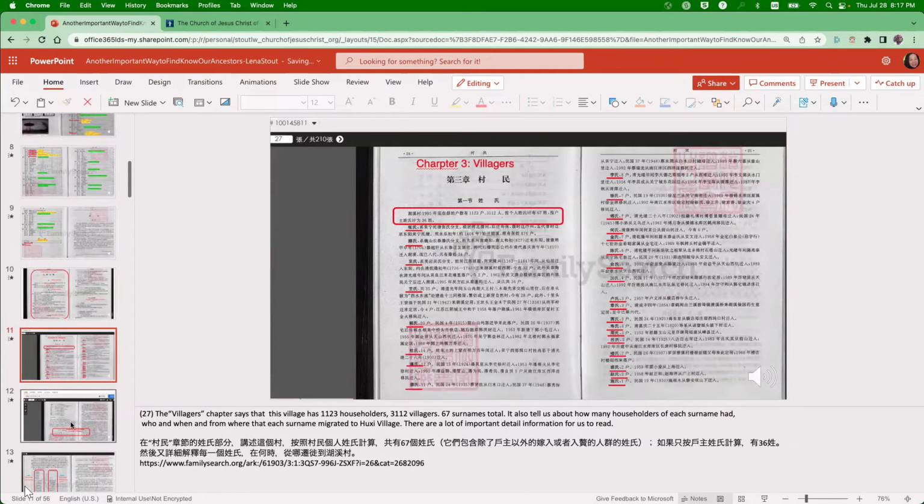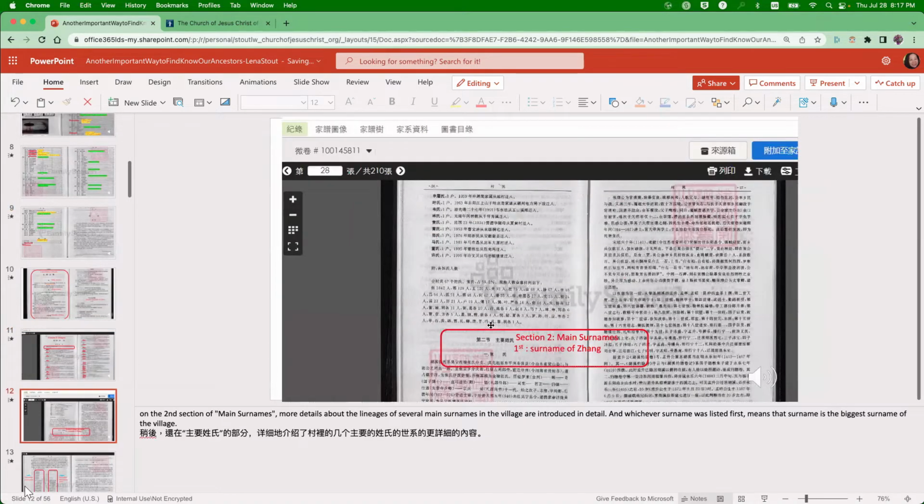That's one piece of information. Another is a section on the main surnames. For example, surname Zhang. Whoever is listed, they list them by population, how many people live in this village.